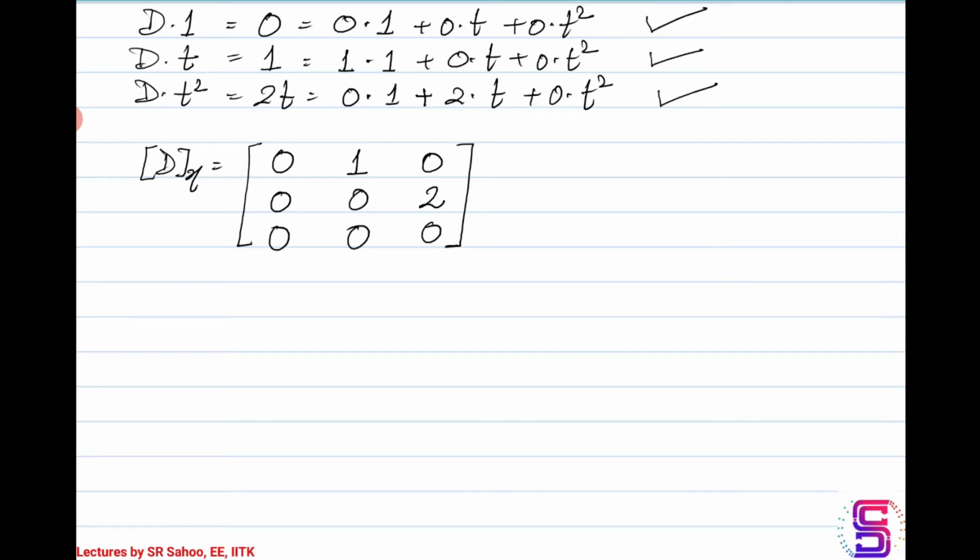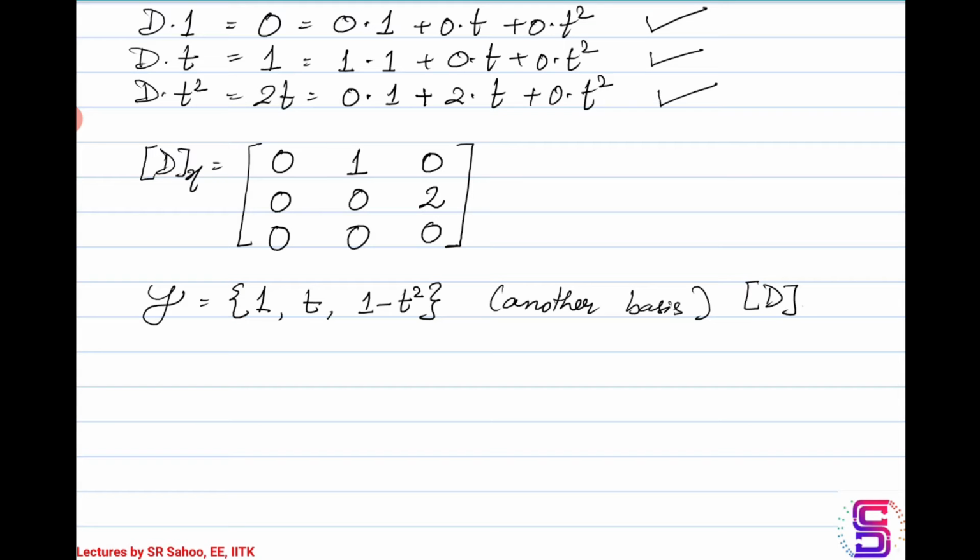Now let's say that I consider another basis, which is 1, t, and let's say 1 minus t square. Okay, so this is another basis, Y. What would the matrix representation of D with respect to this basis Y look like?